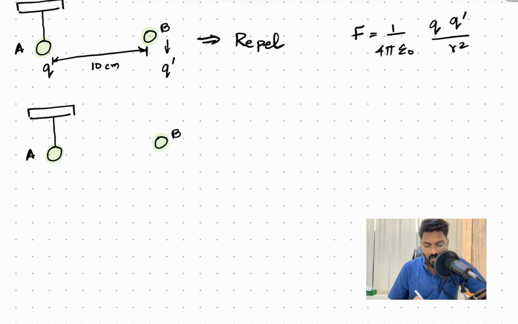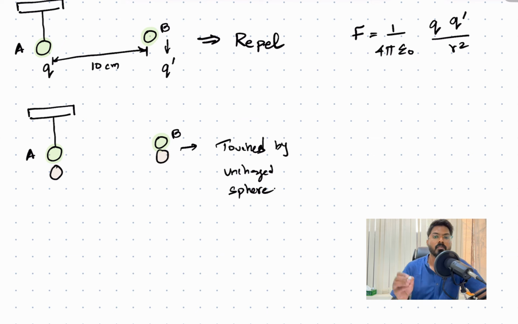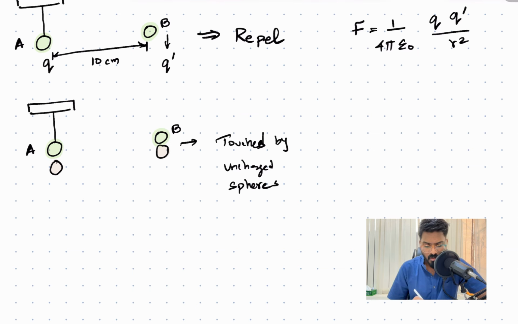Now I bring two identical spheres near this and I'm touching them. So both the spheres are touched by uncharged spheres. What happened? This already had some charge, so they both carried some charge.